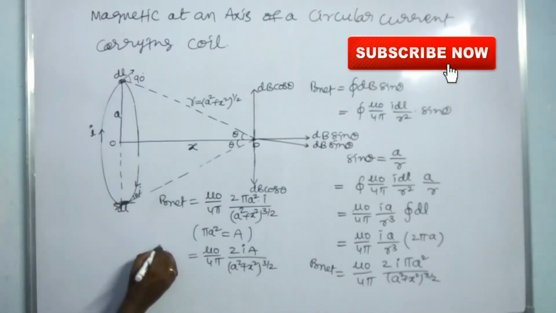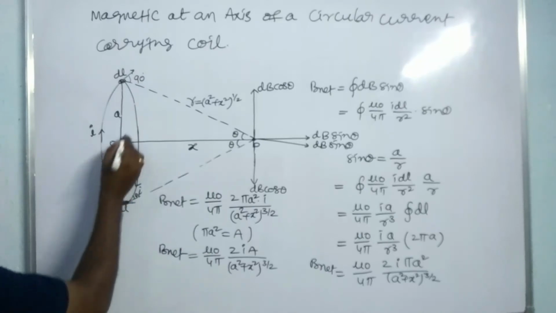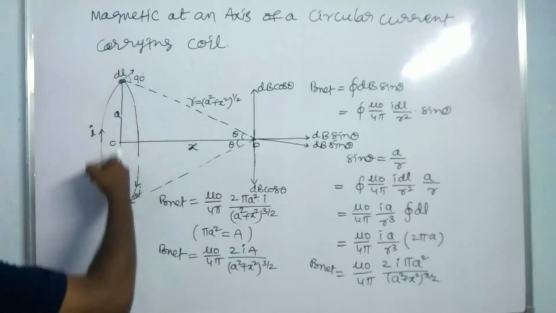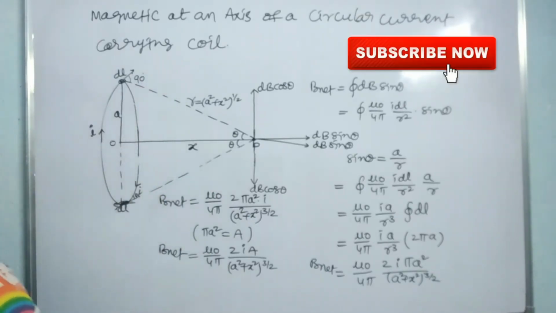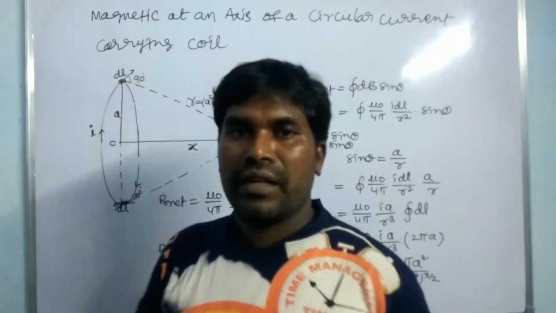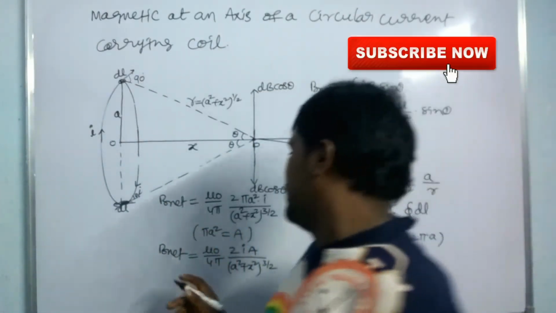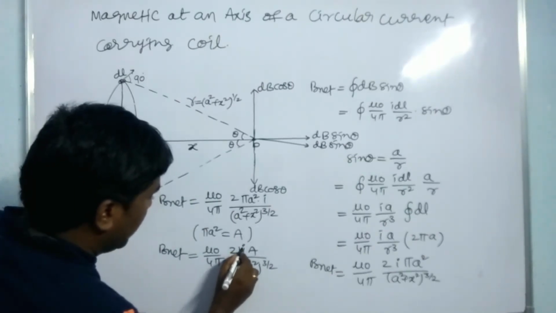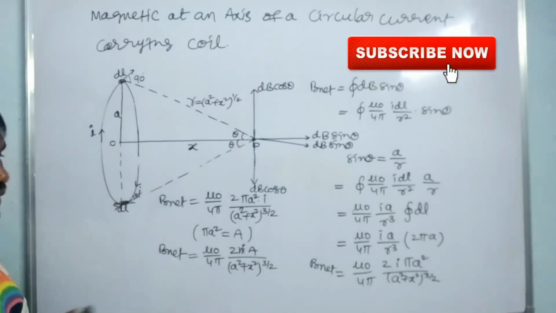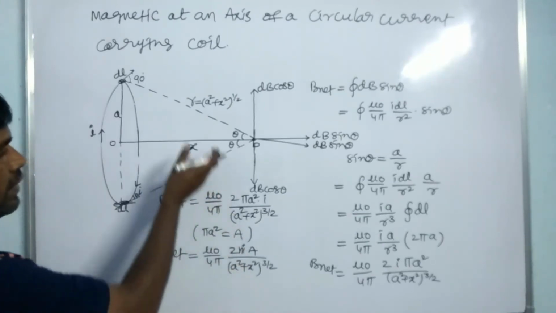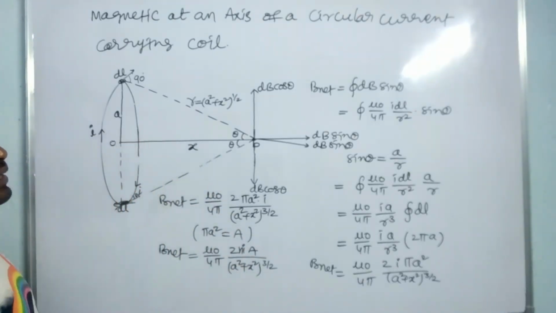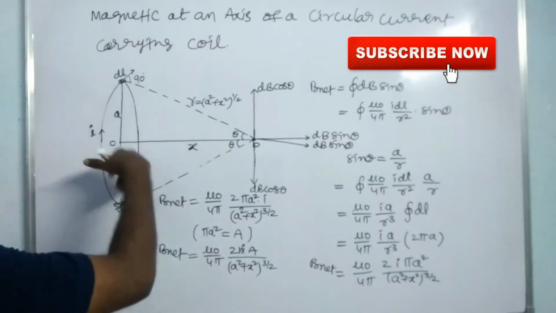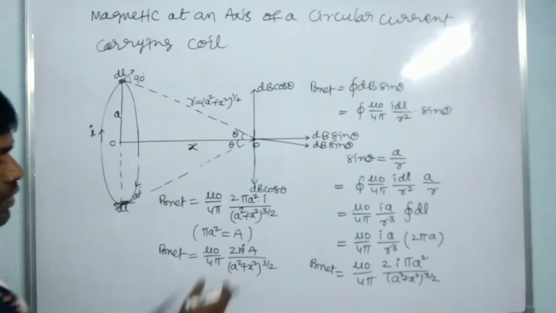So here, let there be n number of circular current carrying coils. If there are n number of circular current carrying coils, then the net magnetic field has N I A, N into I A. So n is the number of coils in a circular scheme, right?